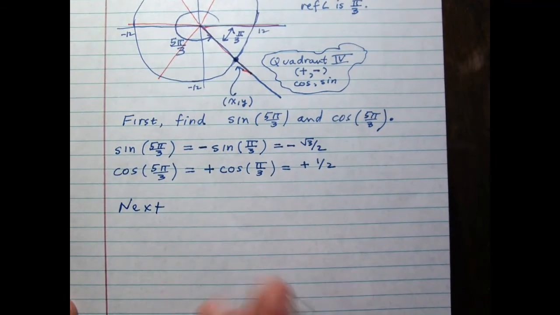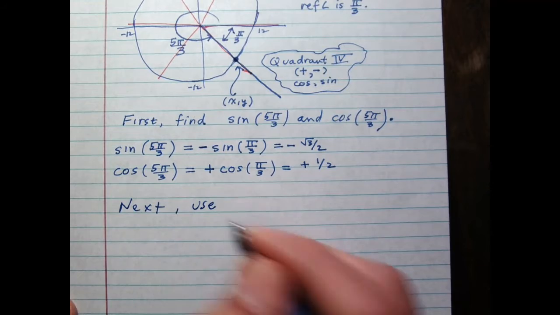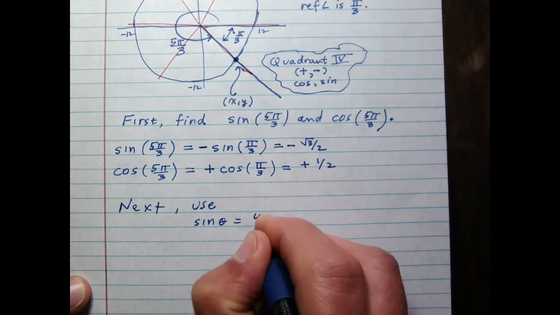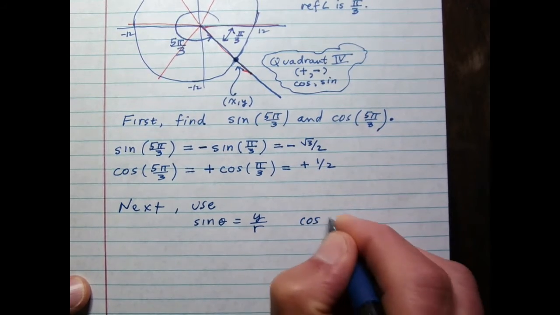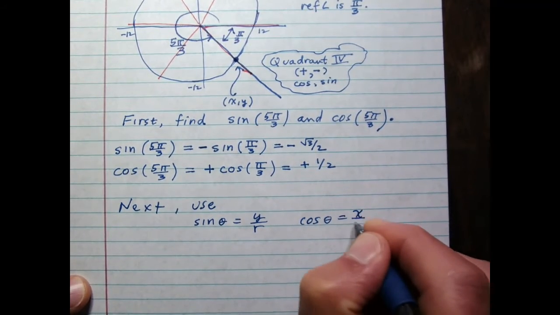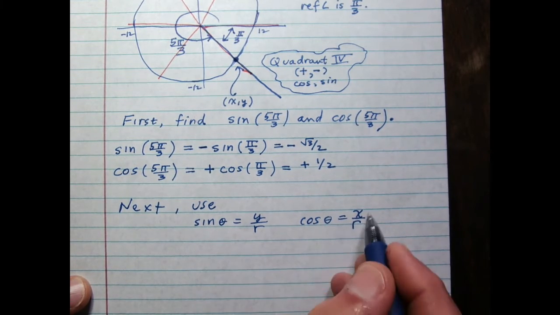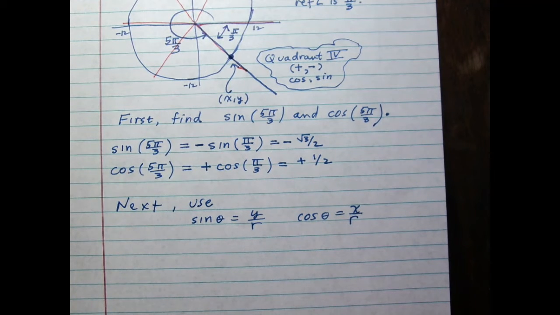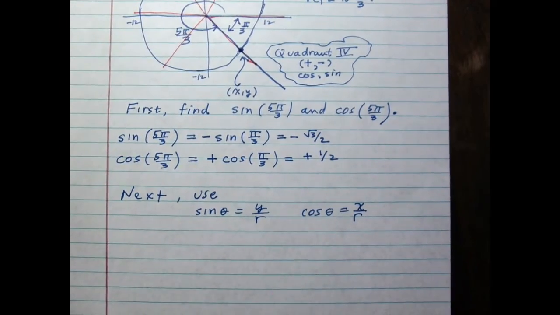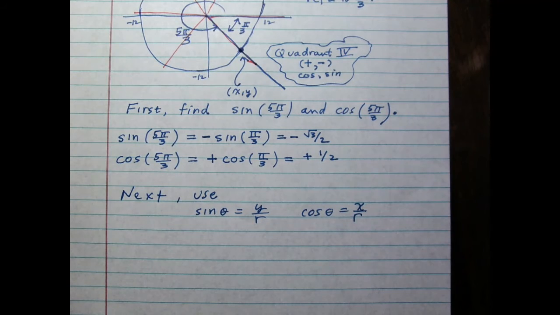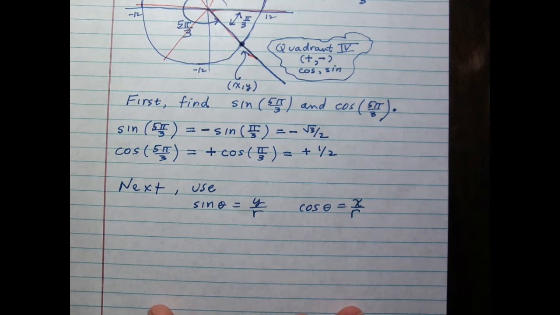And next, we're going to use sine theta is y over r, cosine theta is x over r. Make sure you get the y goes with sine, the x goes with cosine. Try to be sure to keep those straight, right? And again, that's from our other yellow card, our definition of the trig functions based on a circle of radius r.